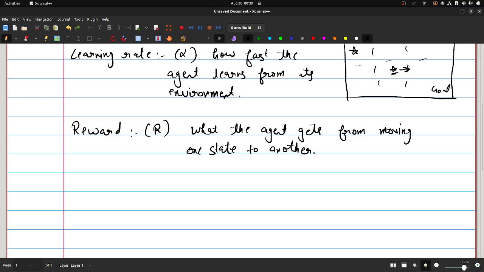Then there is another thing called the discount factor, which is denoted by gamma.